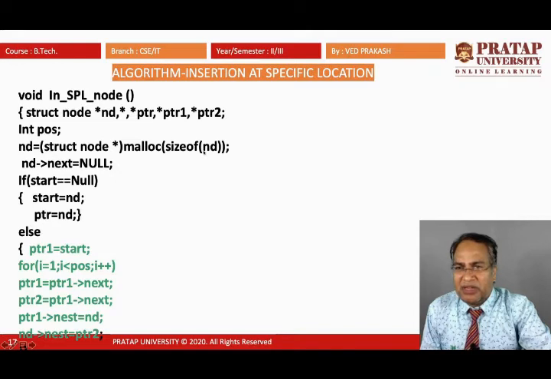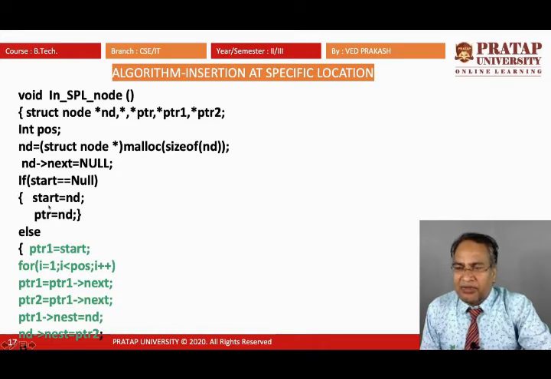This statement, ND equals struct node pointer malloc sizeof ND, is used to create a new node. When our node is created, after that the newly created node's next pointer is set with null value. After that we check the condition for empty or not. If start equals null, it means our linked list is empty.